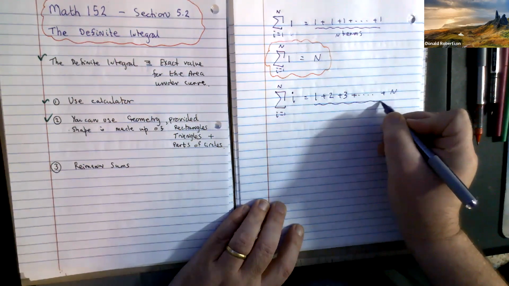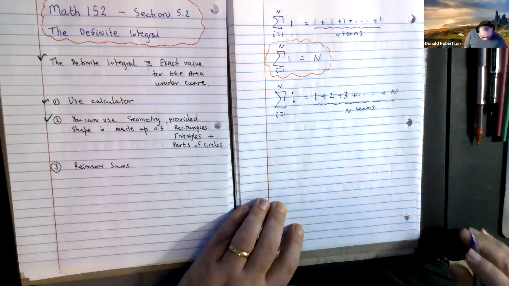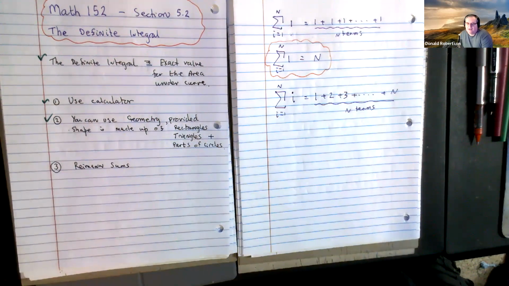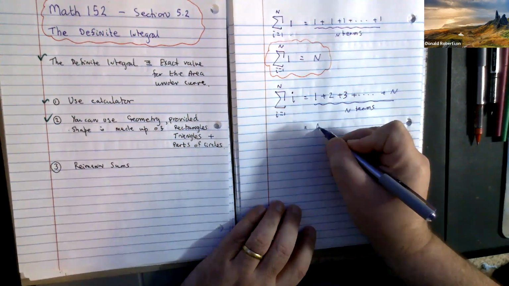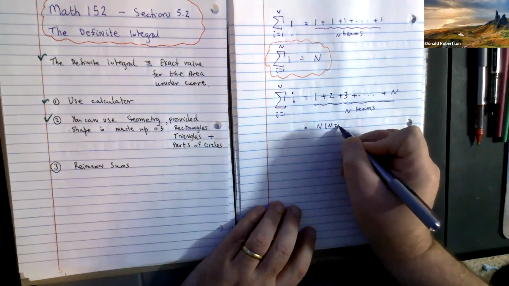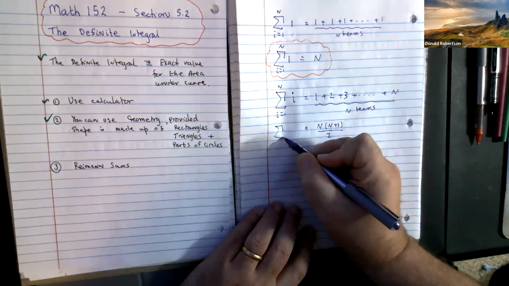So there would be altogether n terms again, but each one of them is different. And you might think, does that mean I have to add them all up? No. Leibniz figured out that it was equal to this guy.